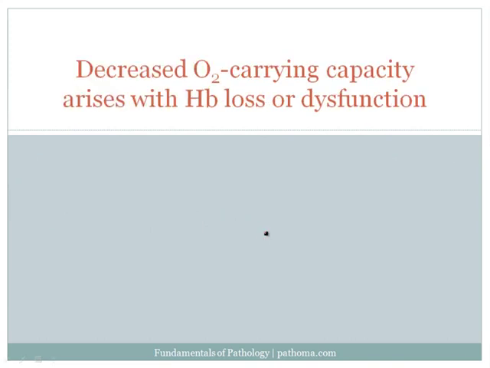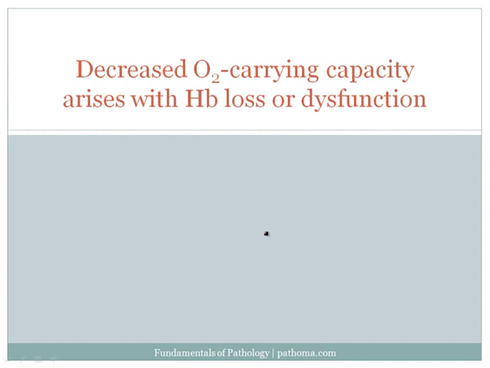A third way by which we could create hypoxia is to have a decreased O2 carrying capacity within the blood. Now, in order to understand this, remember that the dissolved oxygen within the blood actually enters the red blood cell and then binds hemoglobin. And it's hemoglobin that actually has the role of carrying oxygen to the tissues and eventually unloading it at the level of the tissues.